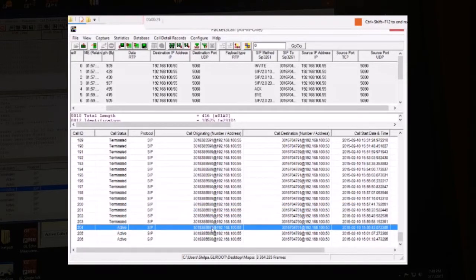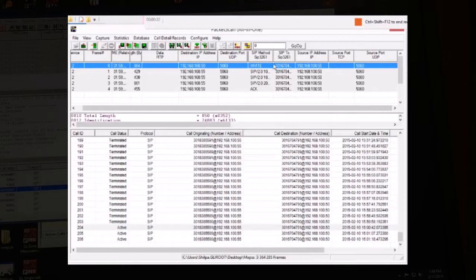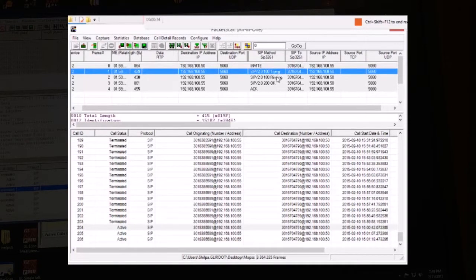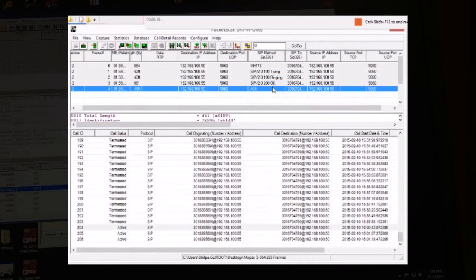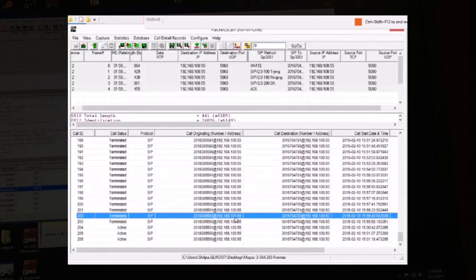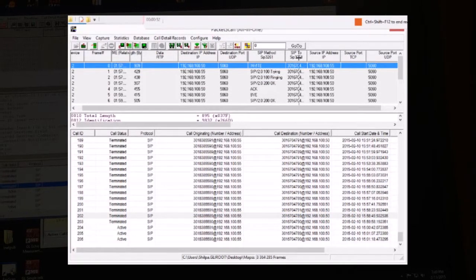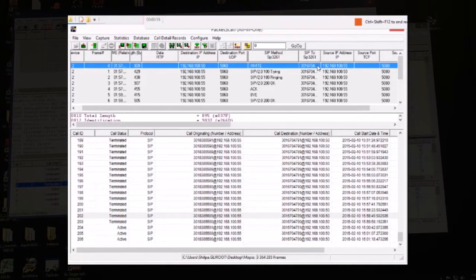If you double click on this, all of the signaling associated with that particular call, in this case it's a SIP protocol, the invite, trying, ringing, OK, ACK, BYE, and again the acknowledgement of the BYE is all collected, and the timestamps are provided, and so you can actually see the entire protocol as it took place. If the call was incomplete, you'd see perhaps some of the packets that are missing in the signaling.